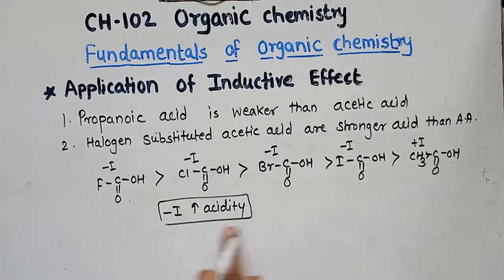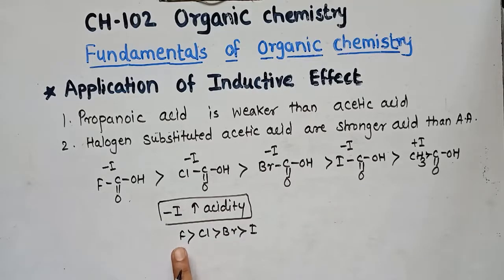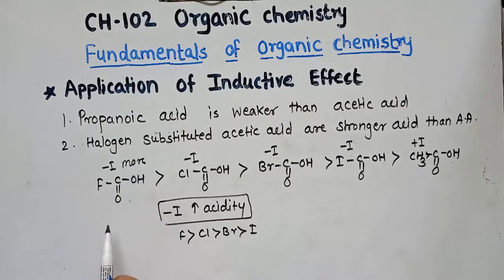In these 4 cases, fluorine is more electronegative than chlorine, than bromine and then iodine. Hence fluoroacetic acid is a stronger acid than the remaining ones, because its electronegativity is more, and due to that it shows more minus I effect.